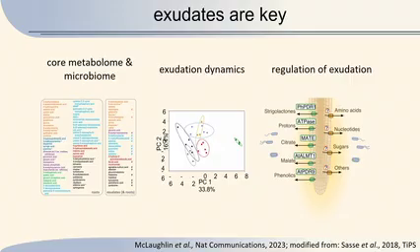One of them is the idea that plants probably produce a set of compounds that is made by all the plants, which we call the core metabolome. The idea is that this core set of compounds is produced by all the roots to interact with the core microbiome associated with plant roots.